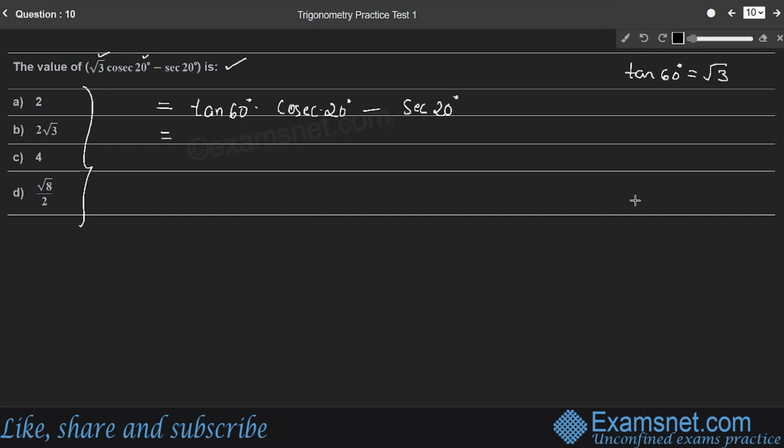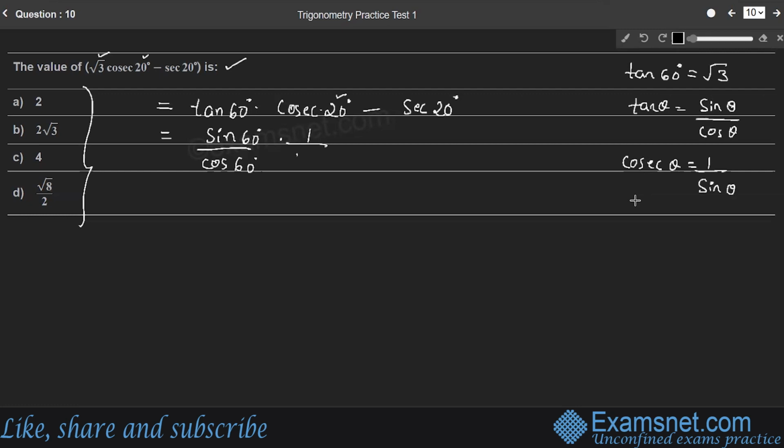Here we can write tan in terms of sin and cos, right? So tan theta is equal to sin theta by cos theta. So tan 60 can be written as sin 60 degree by cos 60 degree, and into cosecant 20. Cosecant theta is always the inverse of sin, right? So cosecant theta is 1 by sin theta.